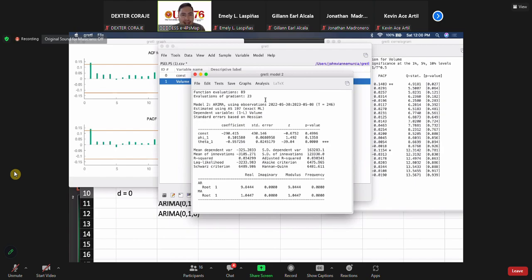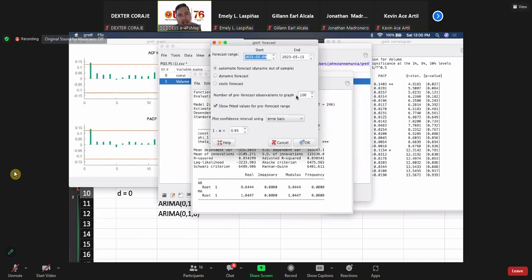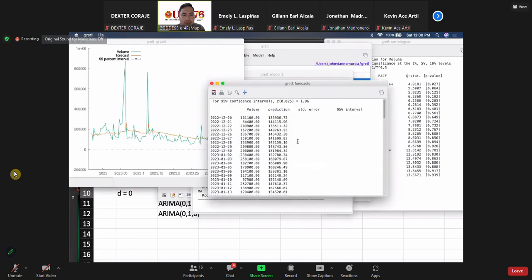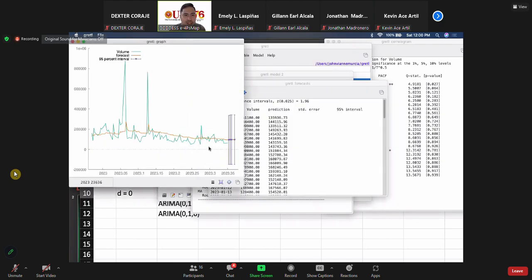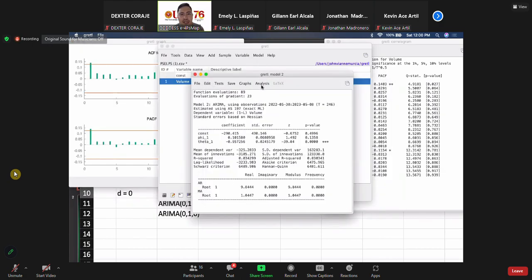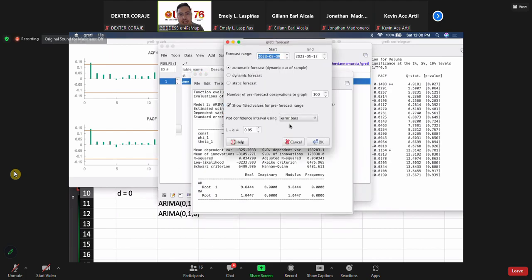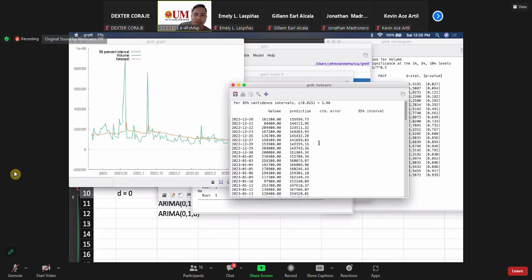ARIMA 111, let's do the forecasting. Analysis, forecast, shaded area, click OK, and here we go. So as you can see here, this is our graph for ARIMA 111.